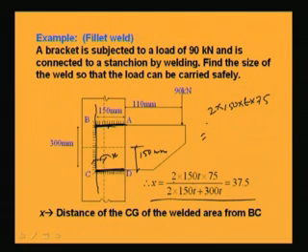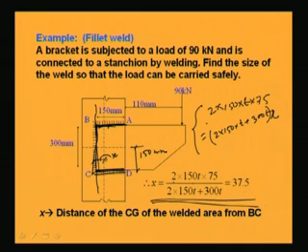Total area is basically 2 into 150 into T plus 300 T, so total area is 300 T plus 150 T plus 150 T. So this is the total area, and into x, the distance. Equating these two, we will get the value of x.